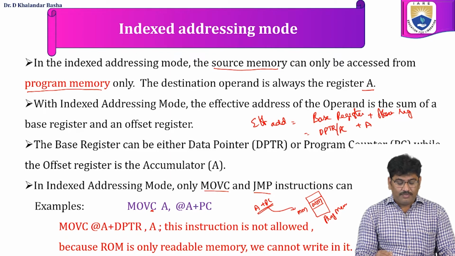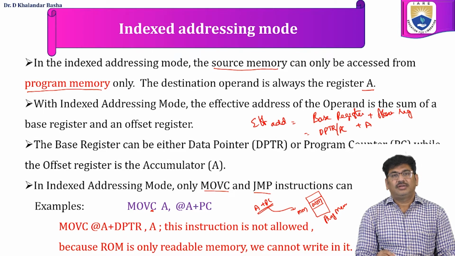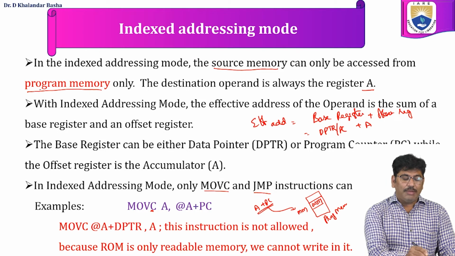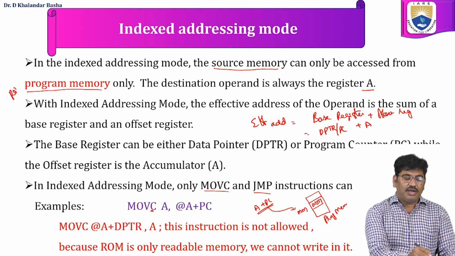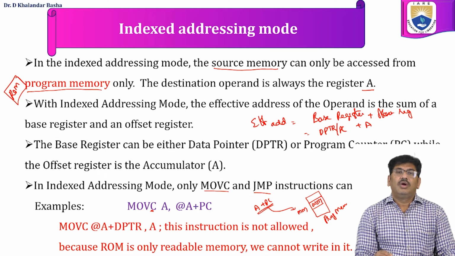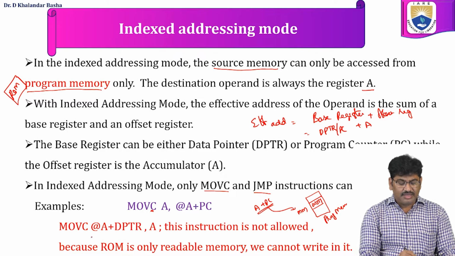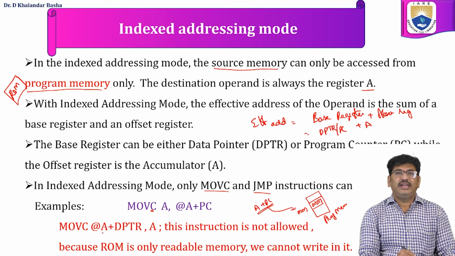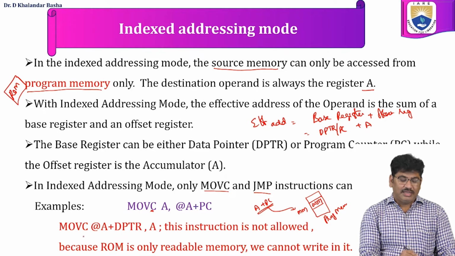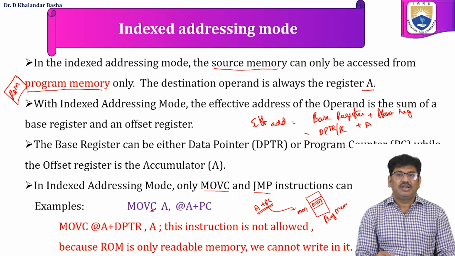This instruction is actually not valid, since program memory is nothing but ROM. For ROM, only read permission is there, write permission is not. As per indexed addressing mode this looks like indexed addressing, but moving data into the program memory is not allowed.